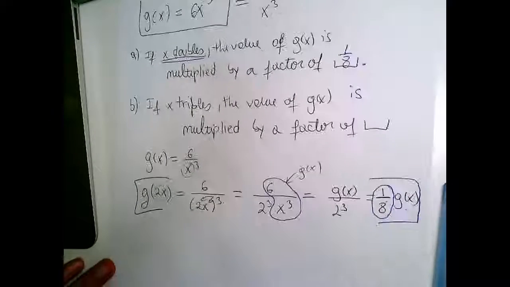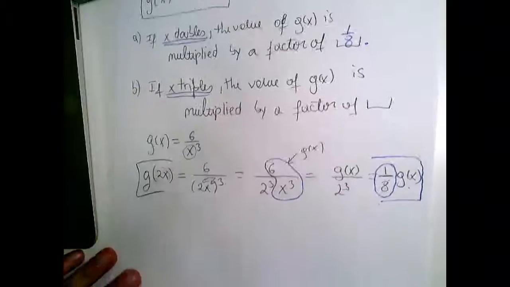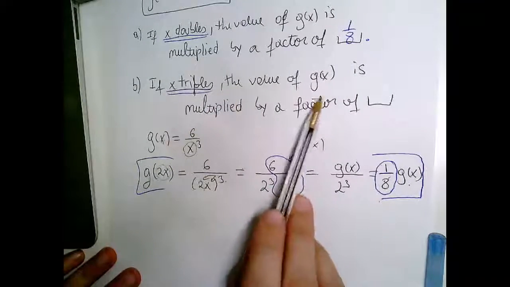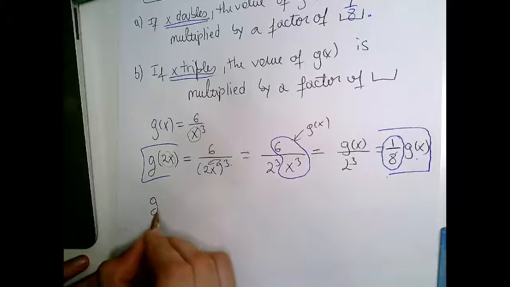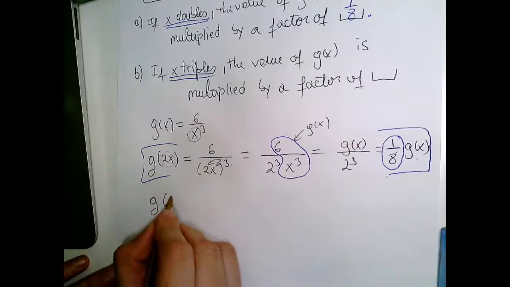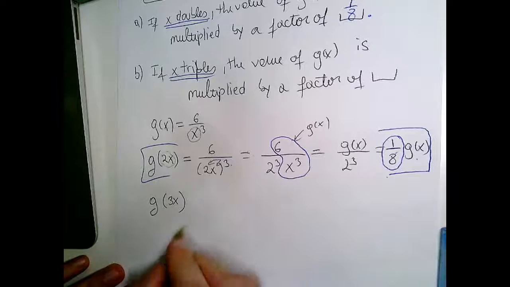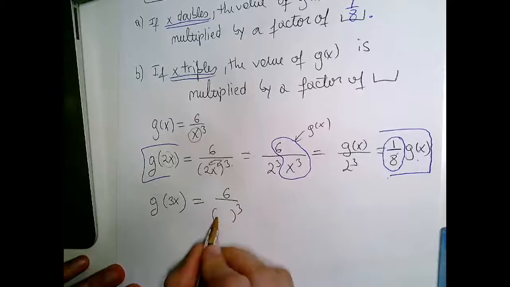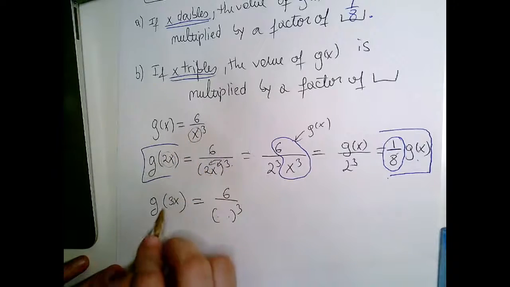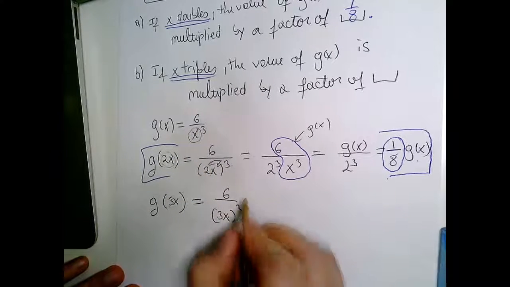Okay? Now similarly, if x triples, the value of g of x is going to be multiplied by a factor of what? Now I'm looking at the input tripling, so instead of x, I have 3 times that. So this is going to be 6 over the input, which now is not just x, it's 3x.